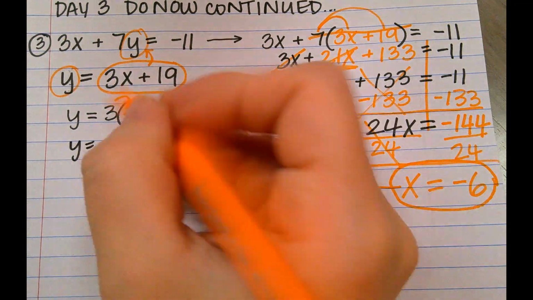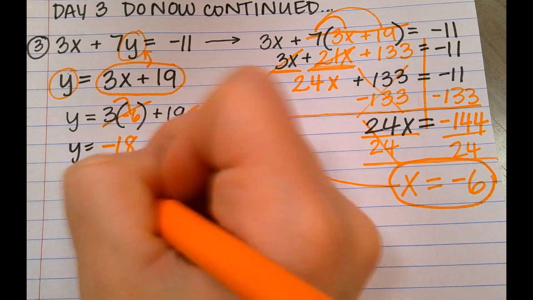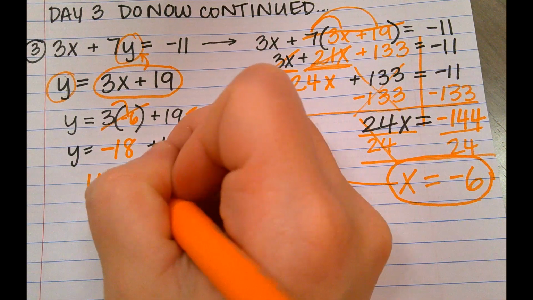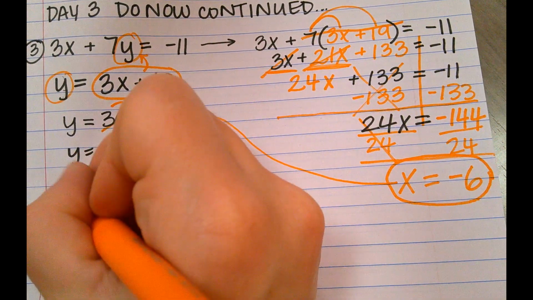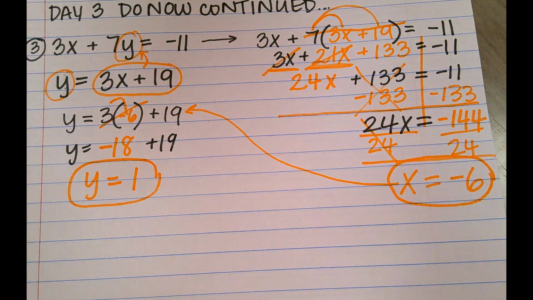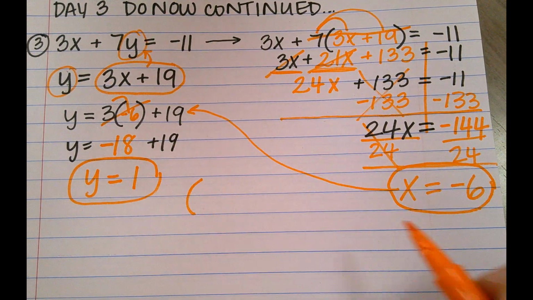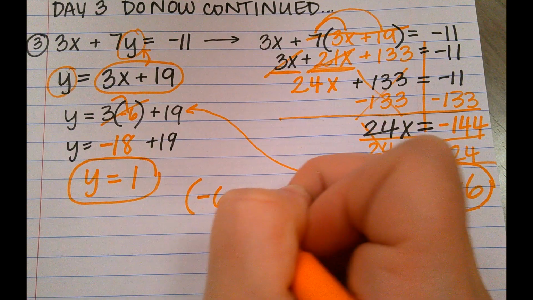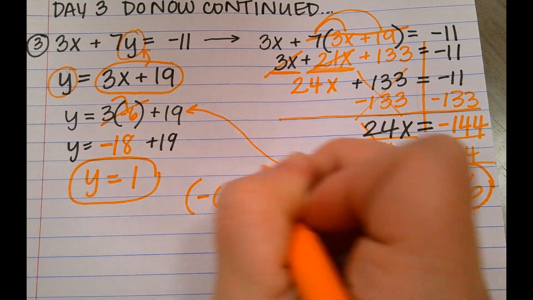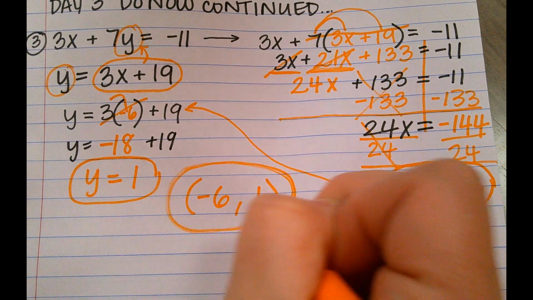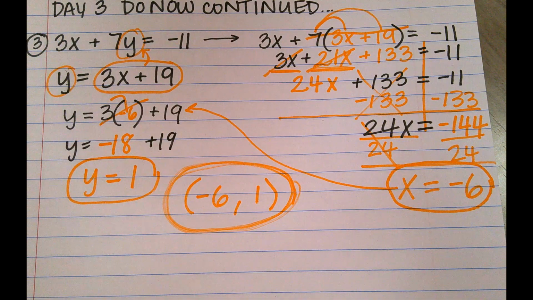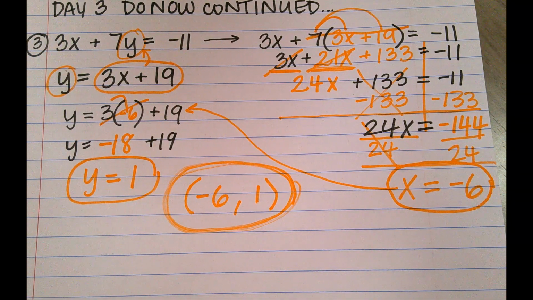And that will give us y equals 1. Good. Y equals 1. X equals negative 6. What is my coordinate? Negative 6, 1. Perfect. Very nice. That is number 3.